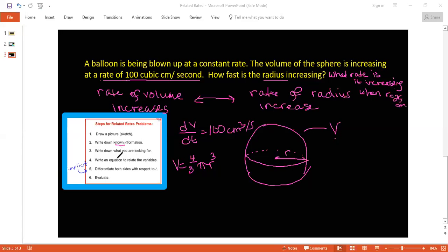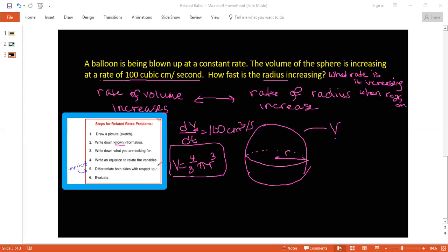Okay, so we're going to go ahead and use this formula. Now, I know that I'm going to differentiate with respect to t. Because there's a function inside of a function here, I'm going to have to use the chain rule.